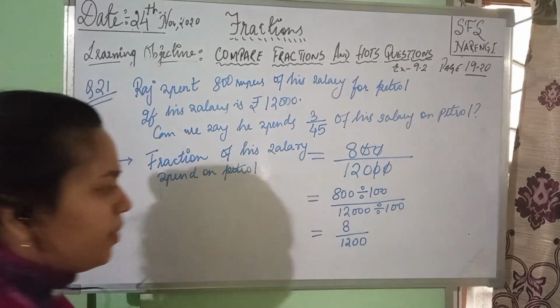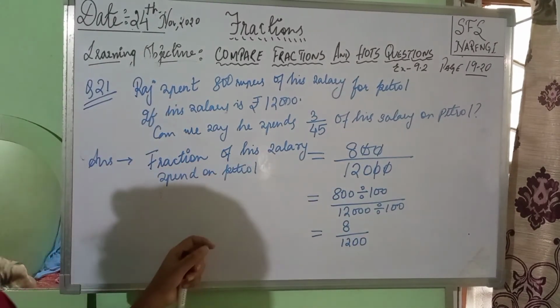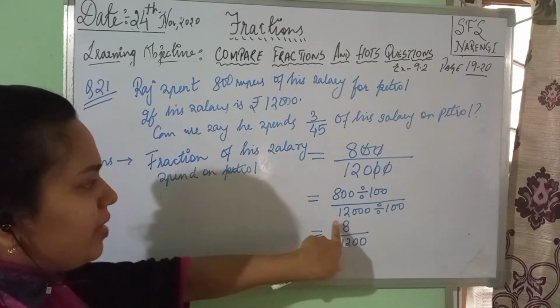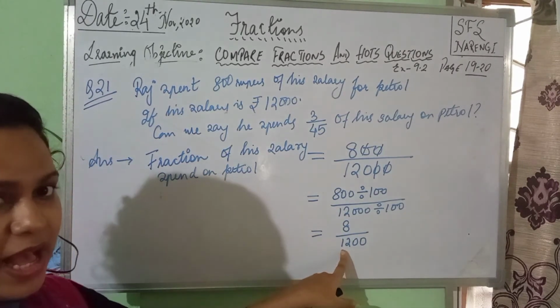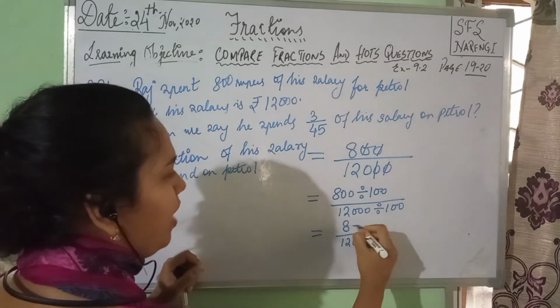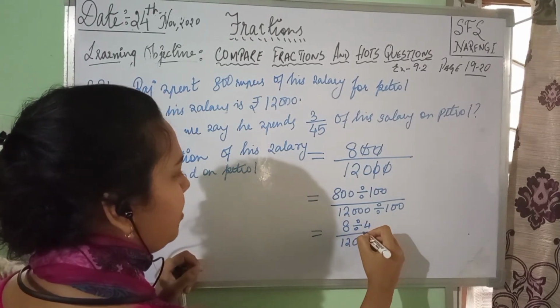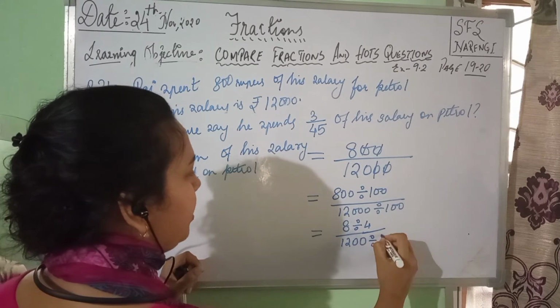Now see, children, I can say that 8 and 12 have a common factor 4, right? Because 4 into 2 is 8 and 4 into 3 is 12.